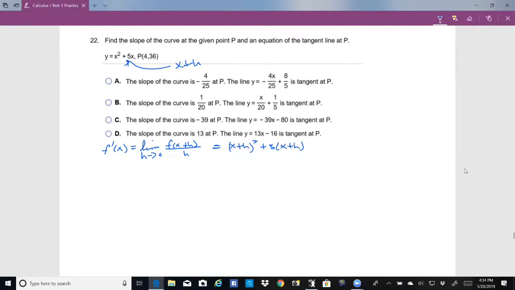So this is f of x plus h minus f of x. F of x is x squared plus 5x. All divided by h. And let me put the limit here in.